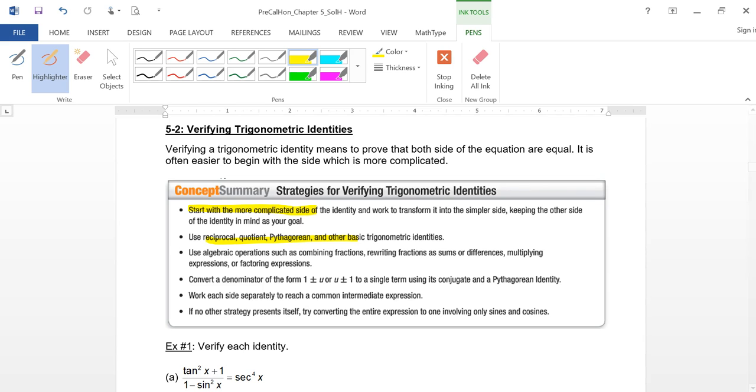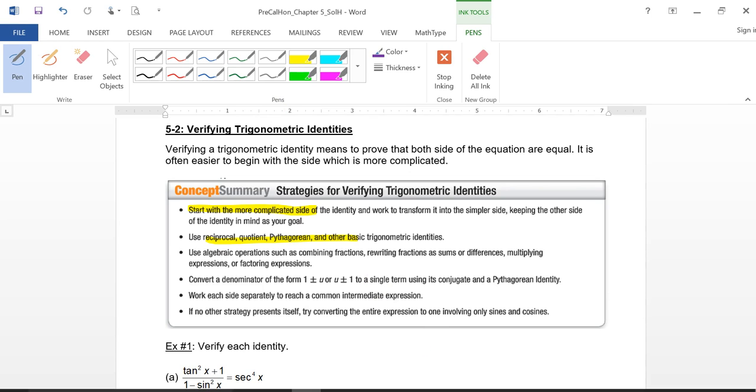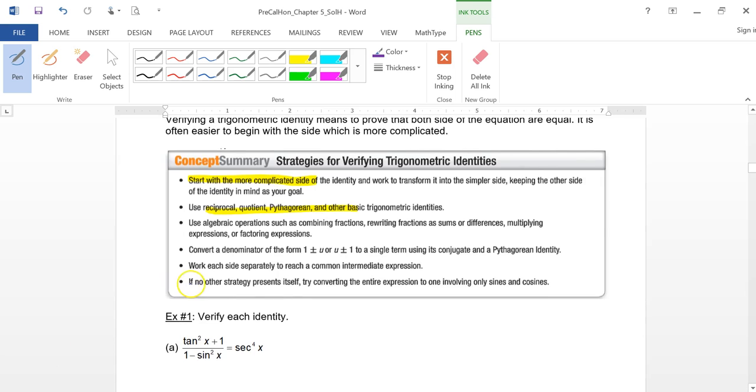But as you do more, you sort of know, okay, when I see something like this, this is how I should start. So let's start. These are like proofs in geometry where in the beginning they're uncomfortable and then you get better at them. I remember being in pre-calculus and being very, very confused when it came to these identities. It was like I was walking around in the dark.